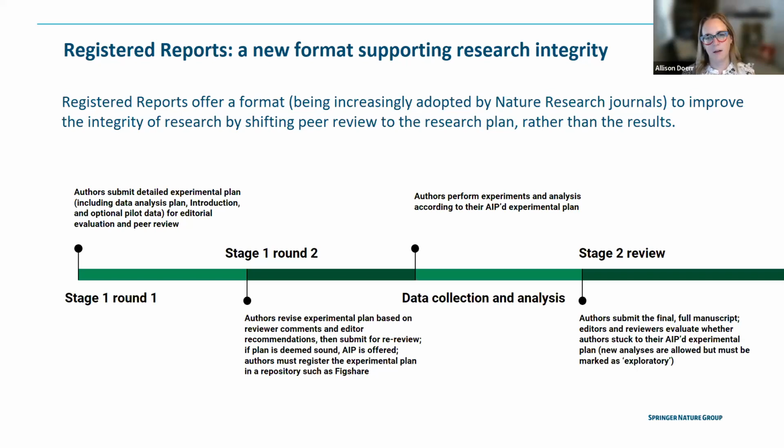So the journal would not reject at that point because a reviewer thinks the results are not exciting. So I really think this is going to be an increasingly useful format to help support research integrity because it shifts the peer review to the research plan rather than to the question of, how exciting are these results?